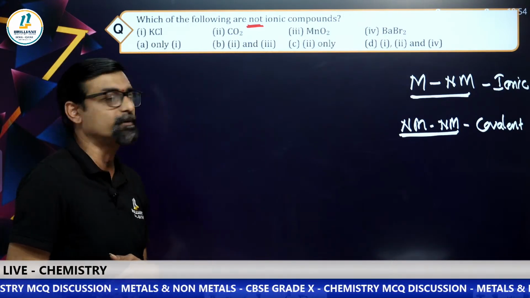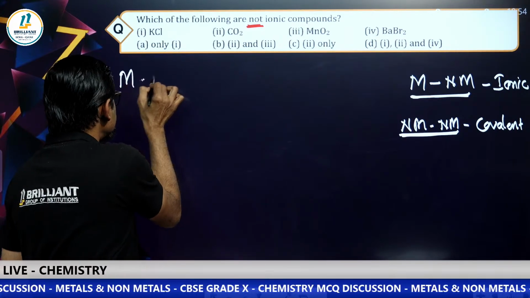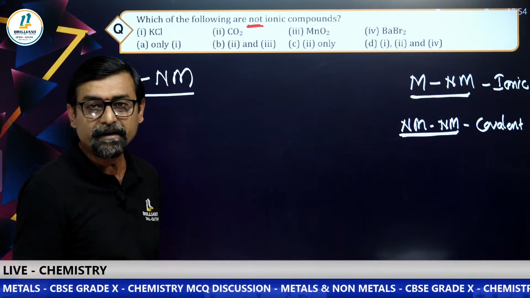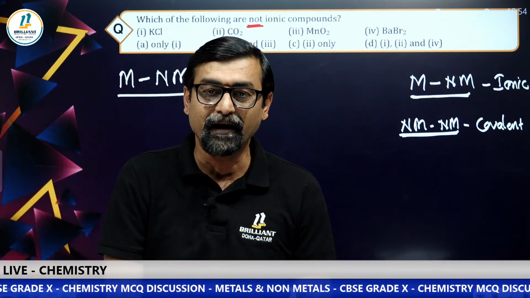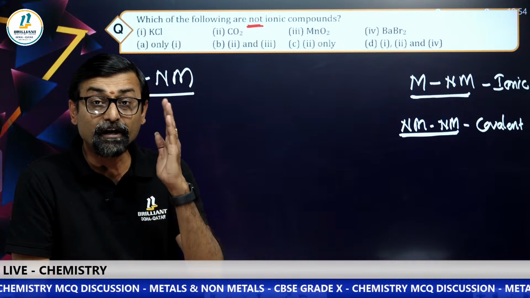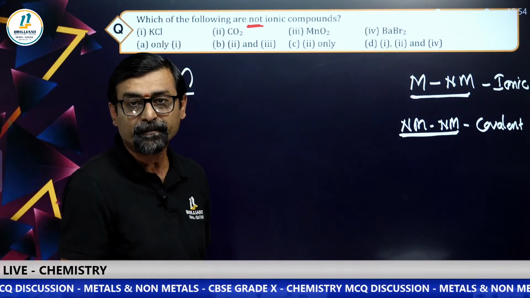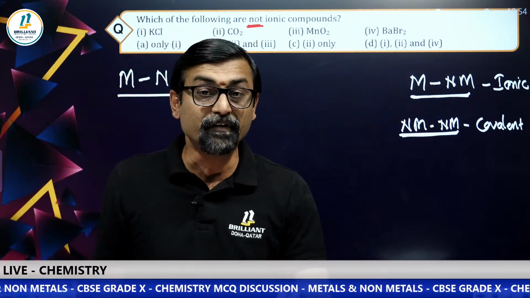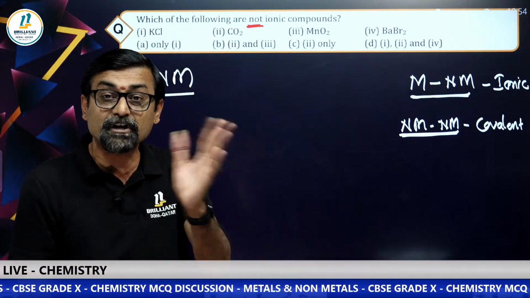What happens in this ionic bond? A metal is combining with a non-metal. We have studied in grade 9 that these metals are electropositive in nature. Based on its electronic configuration, we will be able to decide whether an element is a metal or not.